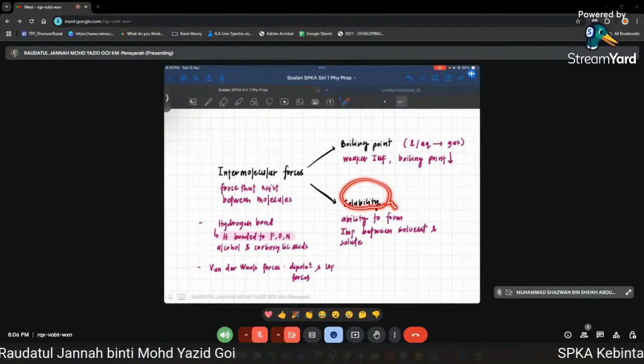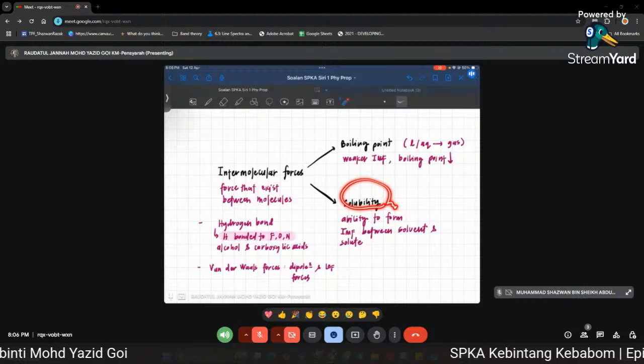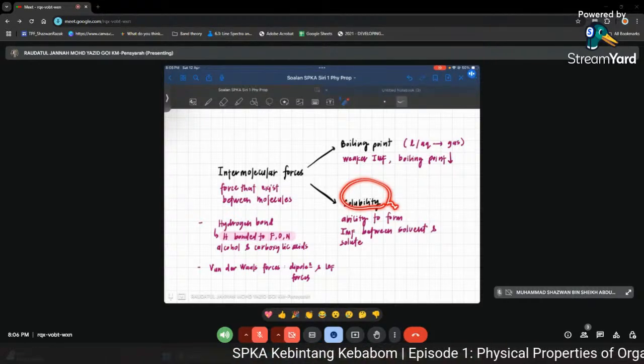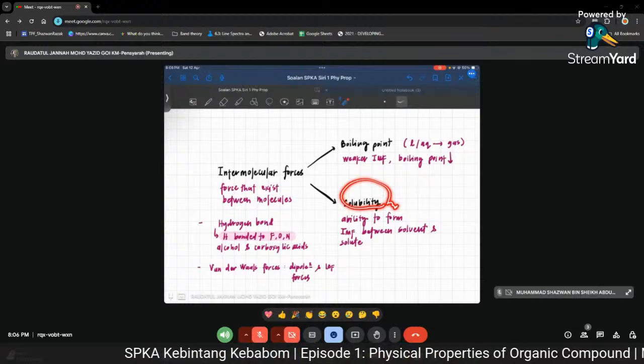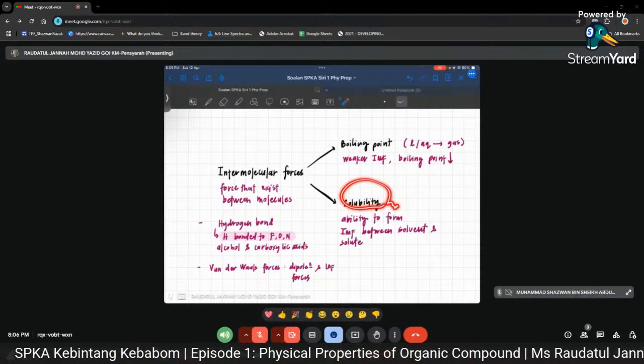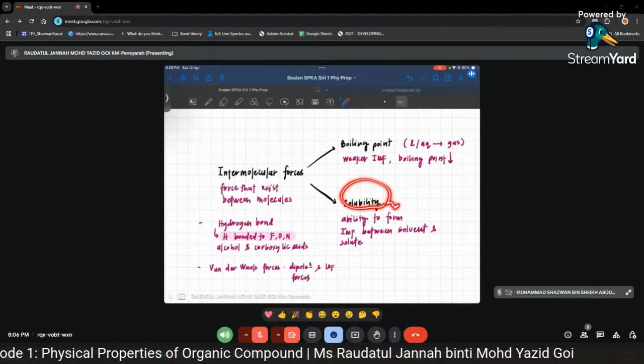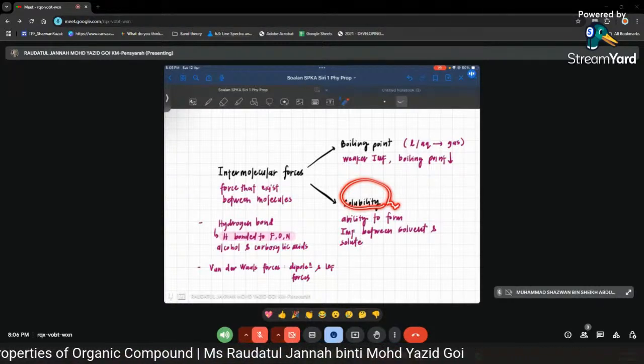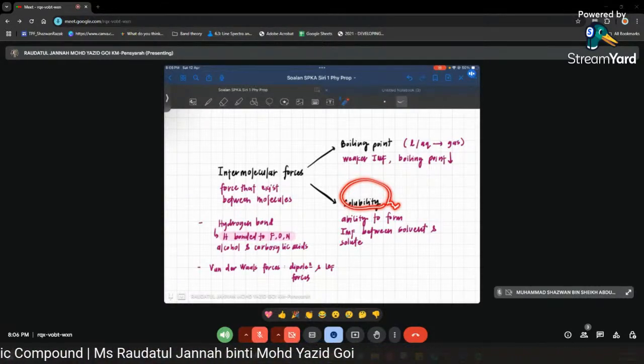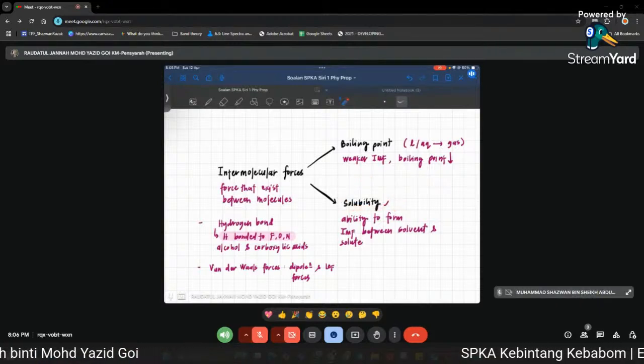Ataupun kalau you nak guna benzene as your solvent for example, adakah your molecules can form van der Waals forces with benzene molecule? So basically you can say that solubility also refers to the ability of your molecules to form intermolecular forces with solvent molecules. So that is the general idea that you should have in terms of intermolecular forces.